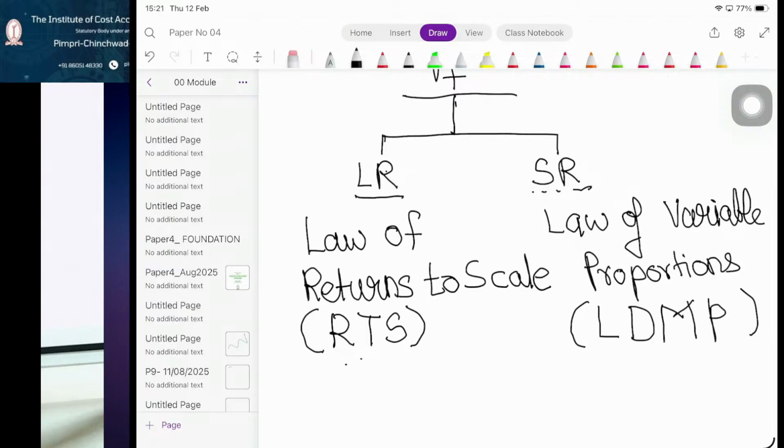Returns to scale and the law of diminishing marginal product.